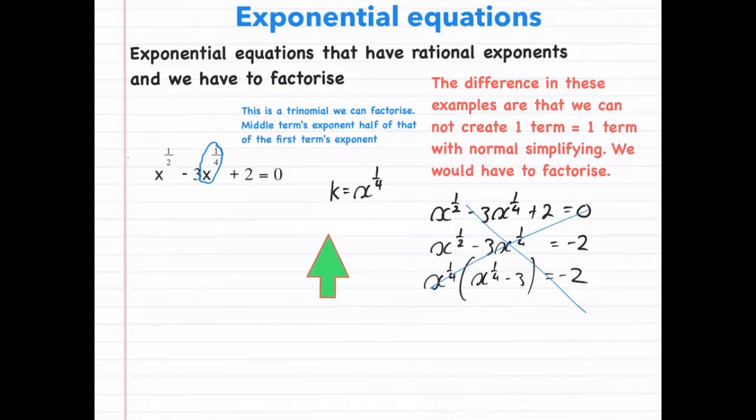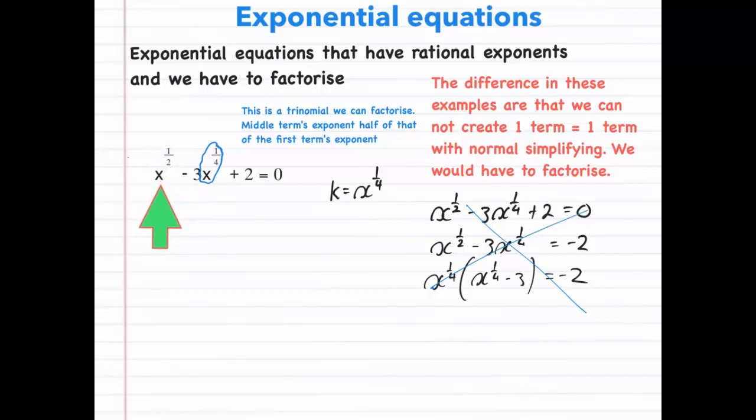Now, with a little bit of practice, you'll get this done easily. All that you have to remember so far, if you know it's a trinomial, how do I test it? The exponent of the x in the middle term must be half of the exponent of the first term.